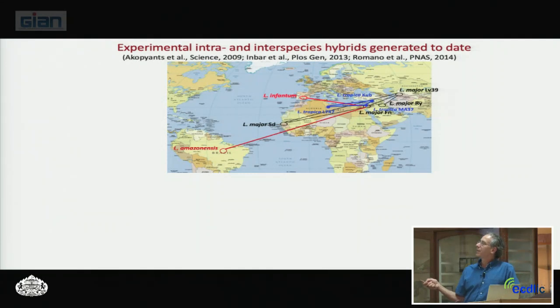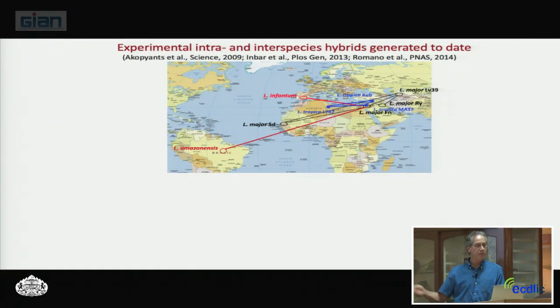And in red, this is interesting because we could cross-species hybridize. We can take two different species, L. major and L. infantum from Spain, and even L. major and L. amazonensis from Brazil, which are genetically quite distant, and they would still cross-hybridize. So that's interesting because they're different species.